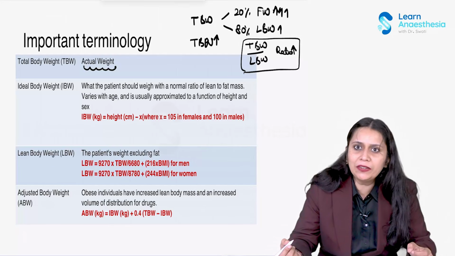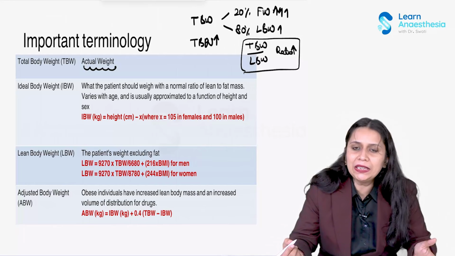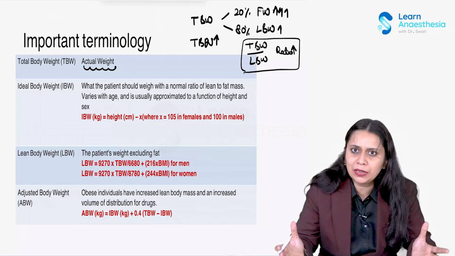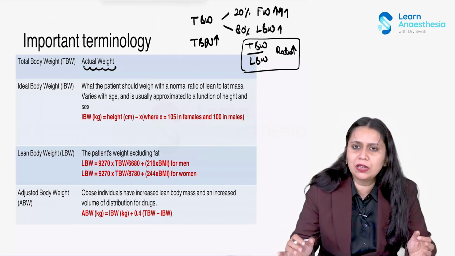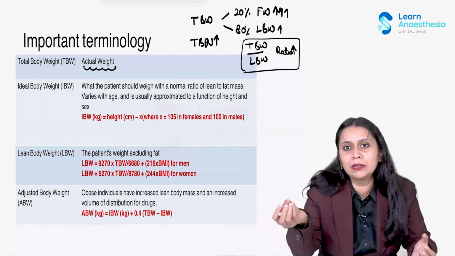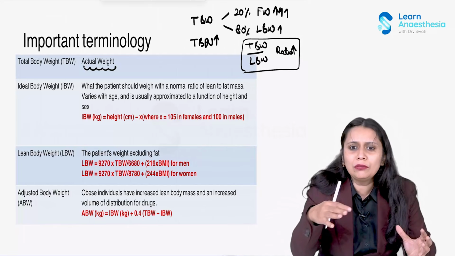Lean body weight, ideal body weight, and predicted body weight are calculated according to the height and the sex of the person, right? But obese patients have a high fat concentration.